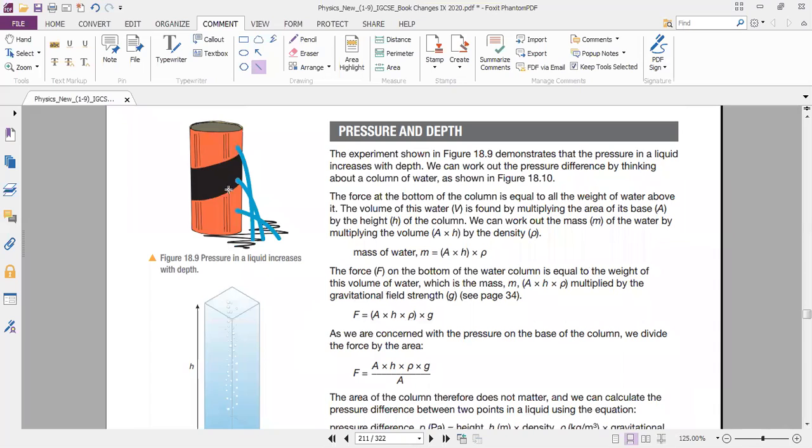Now, pressure inside this cylinder: there are different holes at different heights. Pressure relates with height. If you measure height from the top going down, this is hole number 1, this is hole number 2, and this is hole number 3. So number 3 has the greatest height among them, then number 2, then number 1.